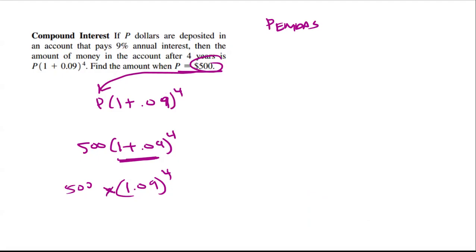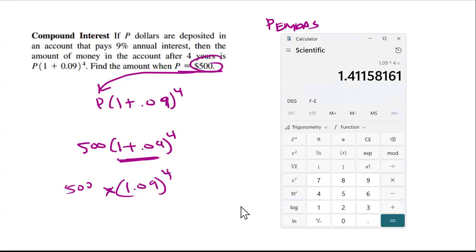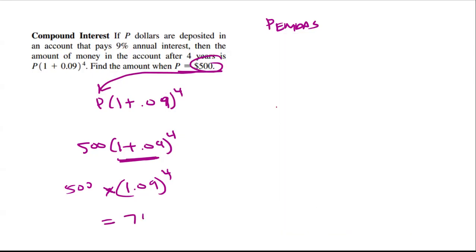Okay, so let's do that. Let's multiply by 500. Right, so we get 705.79.